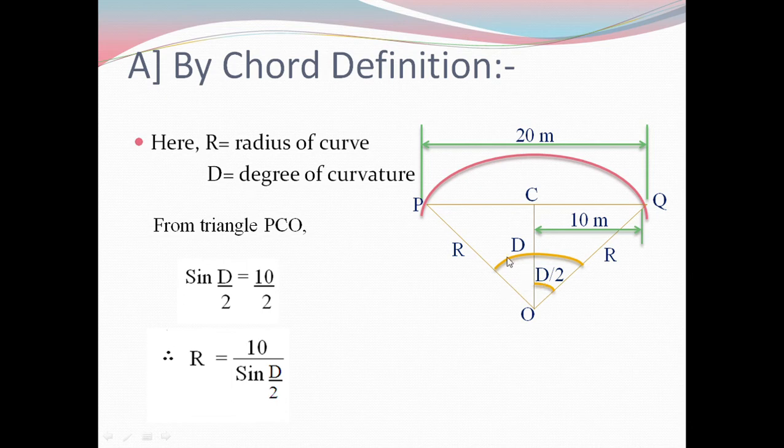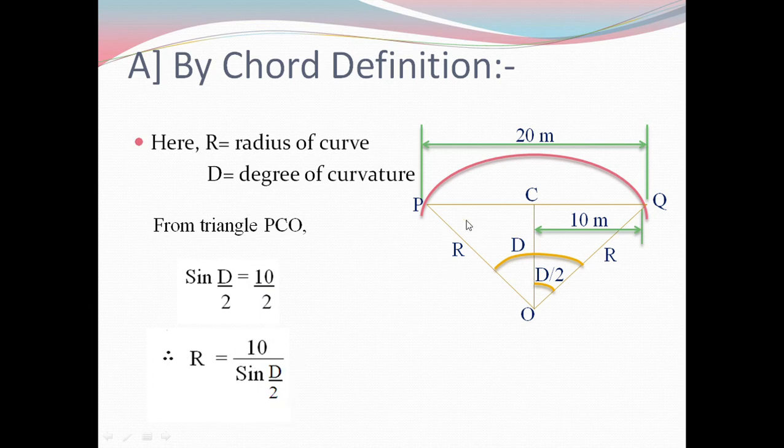The total angle I have taken as D. This is called degree of curvature, the angle subtended at the center of the curve by a standard length. 20 meter is the standard length. So sine D by 2 is equal to half of the distance, here 10 meter, divided by R. Therefore R is equal to 10 divided by sine D by 2.